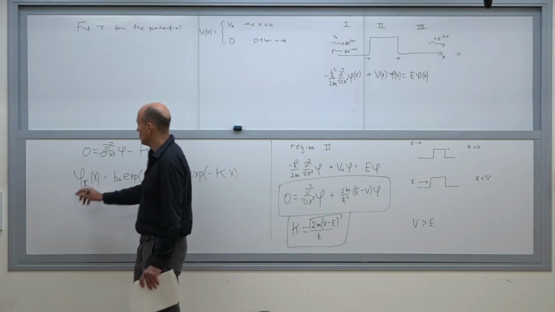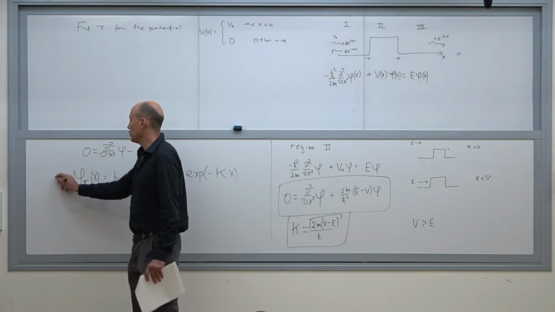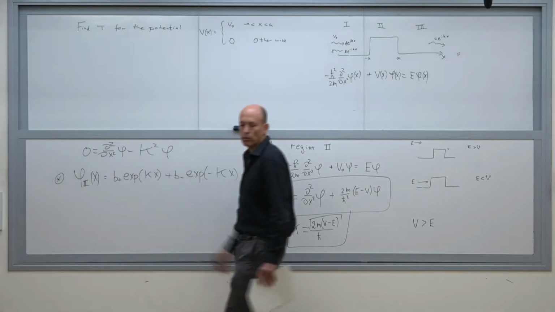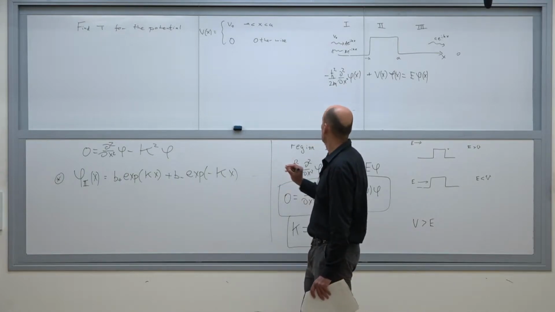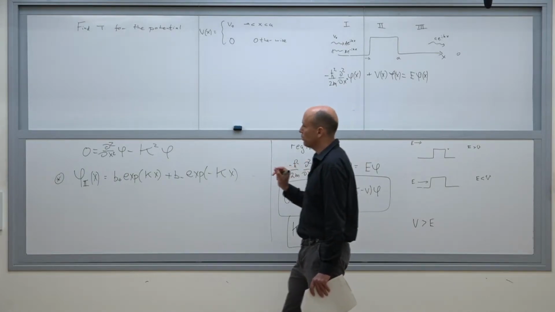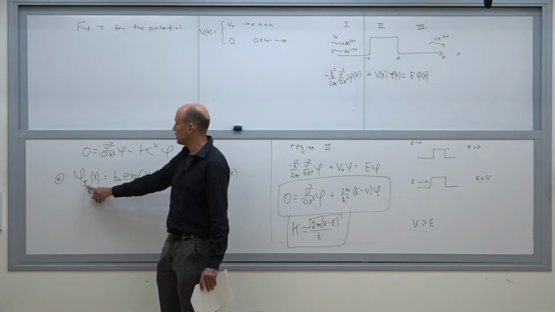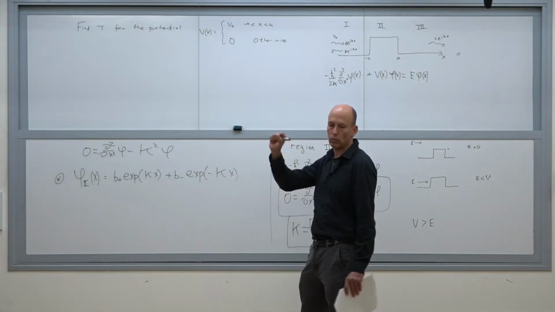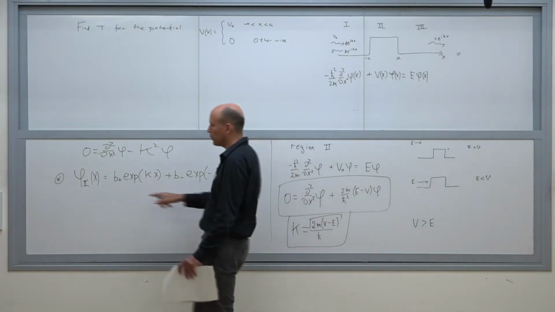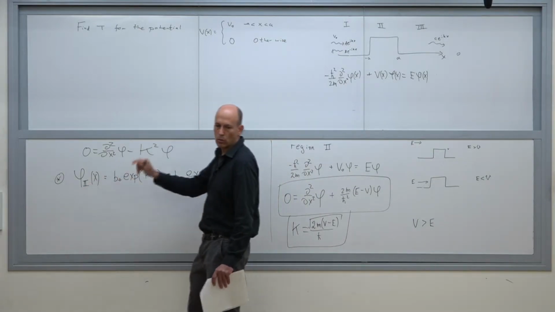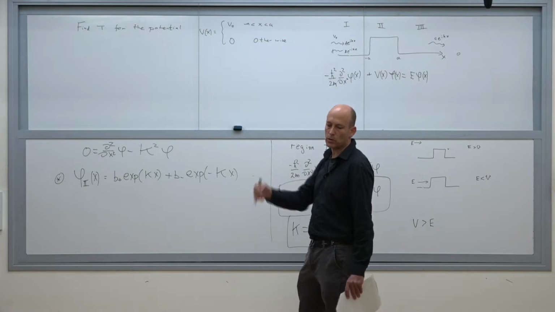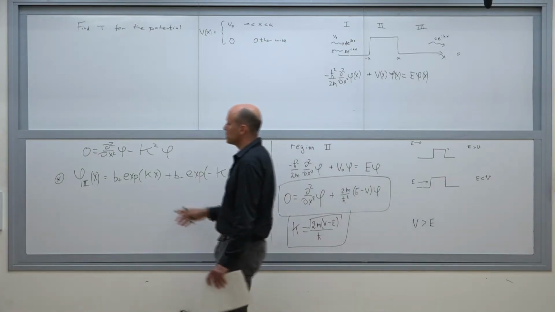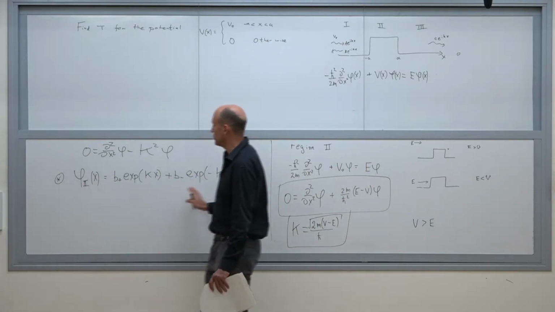This is the solution in region 2. And I had already the solutions in region 1 and 3. Please, in your notebooks, add the index. Here I have 2. In your notebook, go backwards and add 1 and 3 in the appropriate place. So 1 is x less than minus a. We will call this the wave function in region 2.